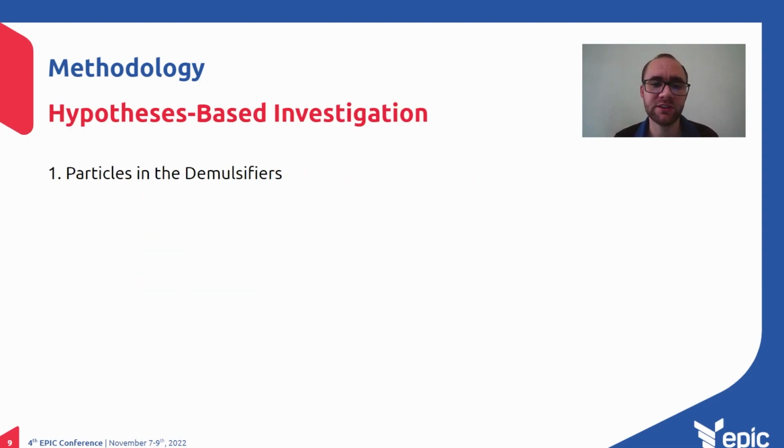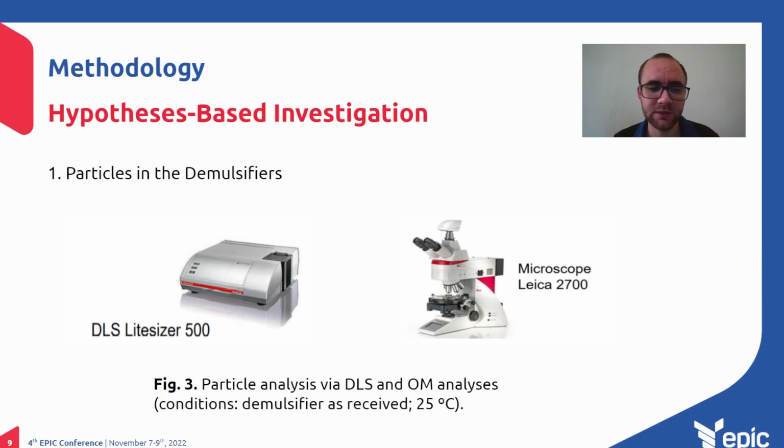For the investigation, for the first case, we checked whether particles already come in the fluid. We used DLS, dynamic light scattering, and optical microscope to analyze if there are particles in the fluid. The conditions were as received and 25 degrees Celsius.